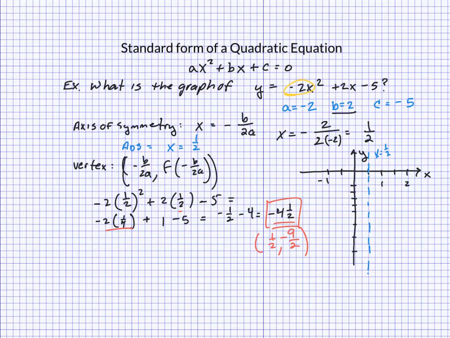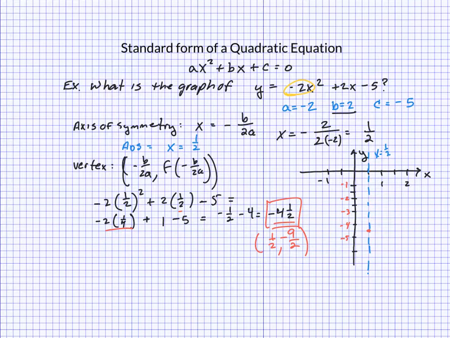So let's see, that should have been negative 1 right there, negative 2. If I go ahead and graph my vertex, let's go with negative 1, negative 2, negative 3, and so forth, so 4/2. So we have 1/2 and 1/2 and 4/2 for my vertex.